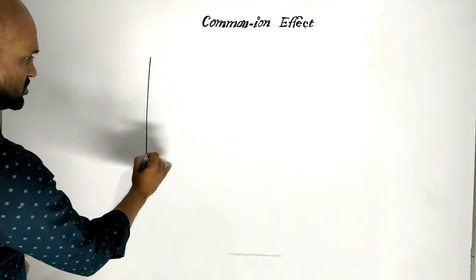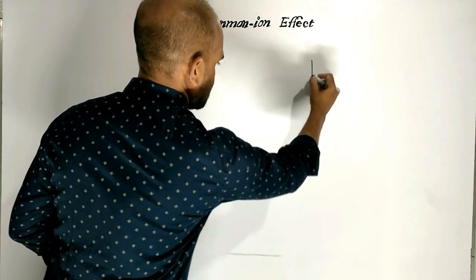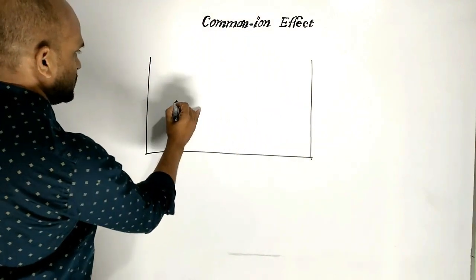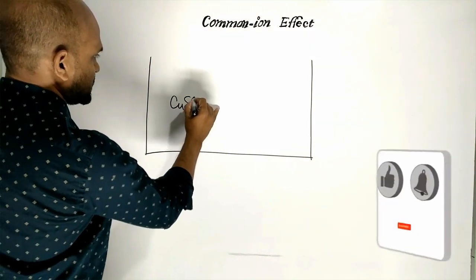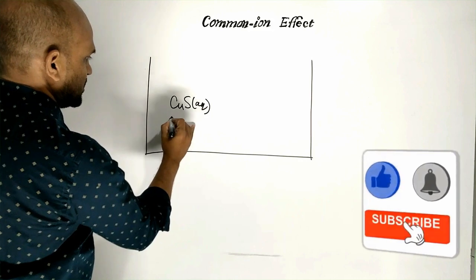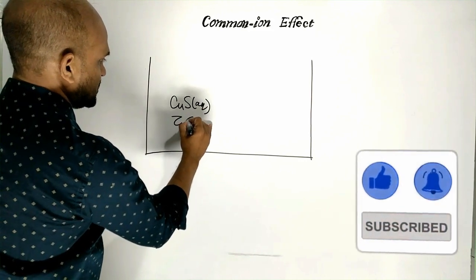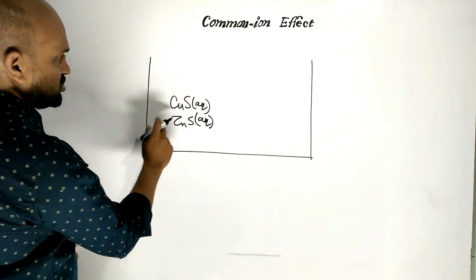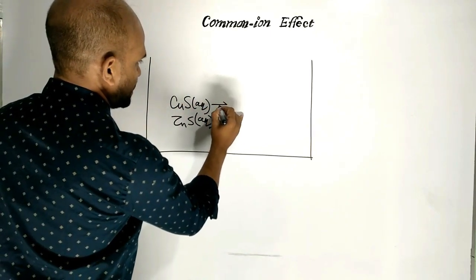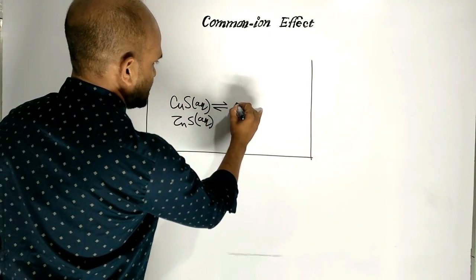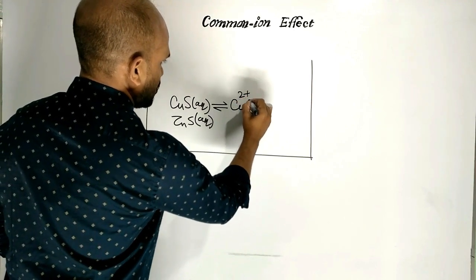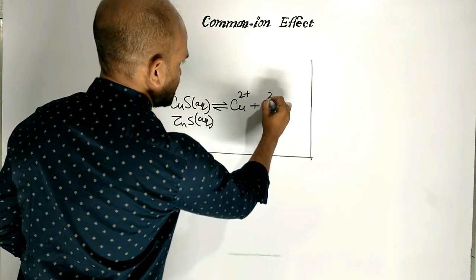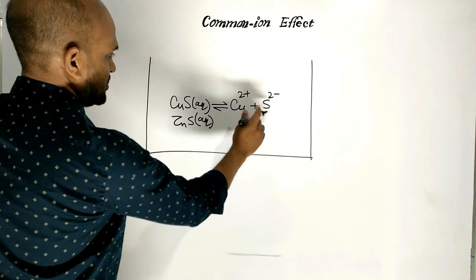Suppose this is a mixed saturated solution of copper sulfide and zinc sulfide. Copper sulfide ionizes to copper ion and sulfide ion.